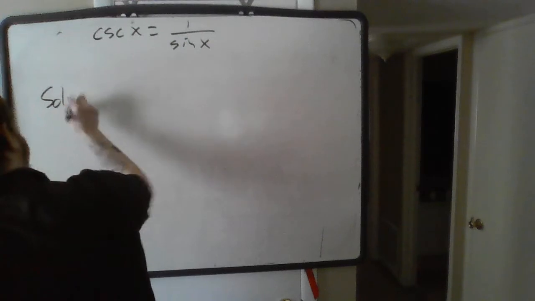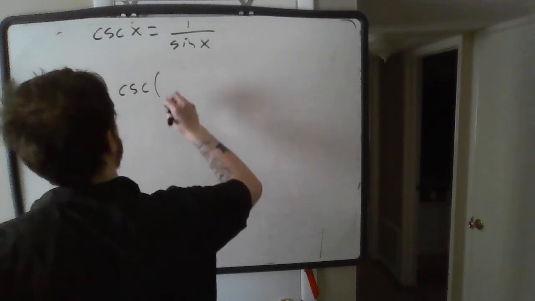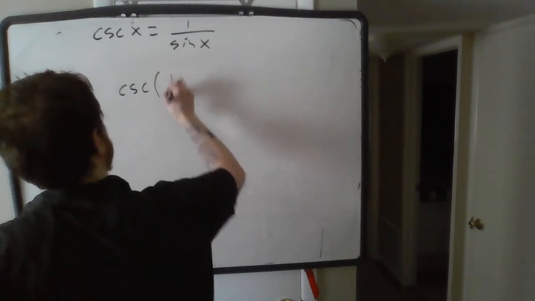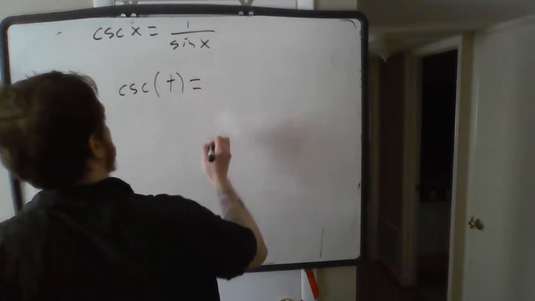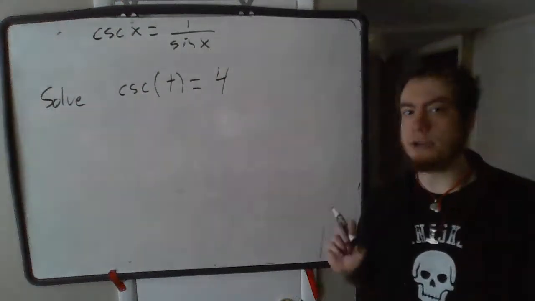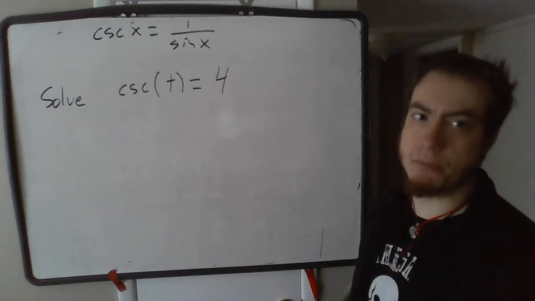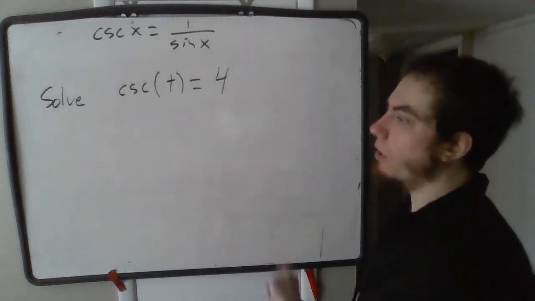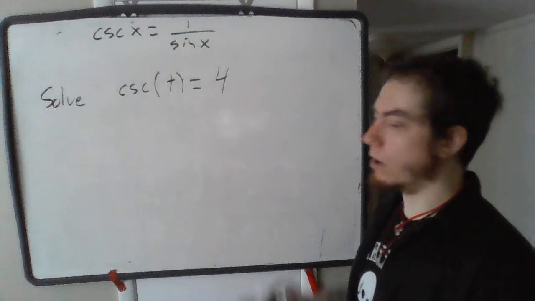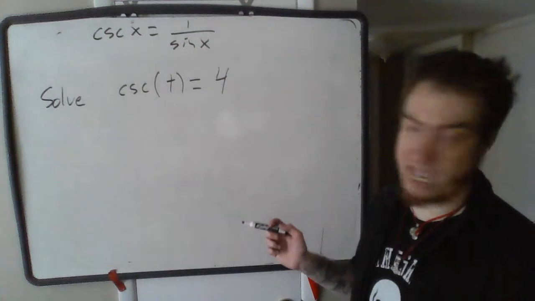So let's suppose that I ask you to solve cosecant of t equals 4. We could try to do this by using cosecant inverse, and it actually wouldn't be too bad. But you would have to work out the rules for finding all of the solutions for cosecant.